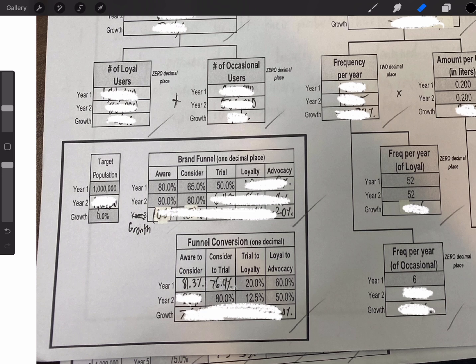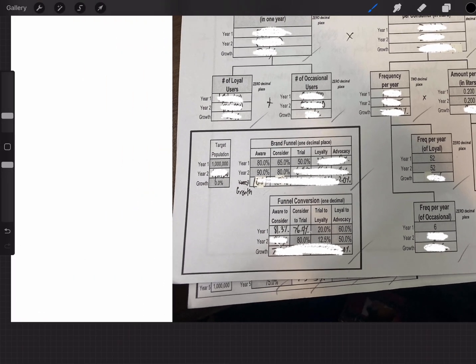And now what do we do if it shows us the trial to loyalty? The trial but not the loyalty. So we have there 50%. That loyalty we don't know, so we're going to denote it with X, is equal to 20%. So basically, this just means that X is 20% of 50.